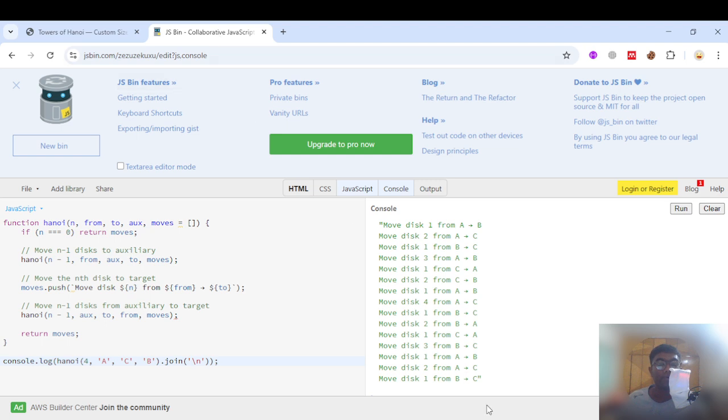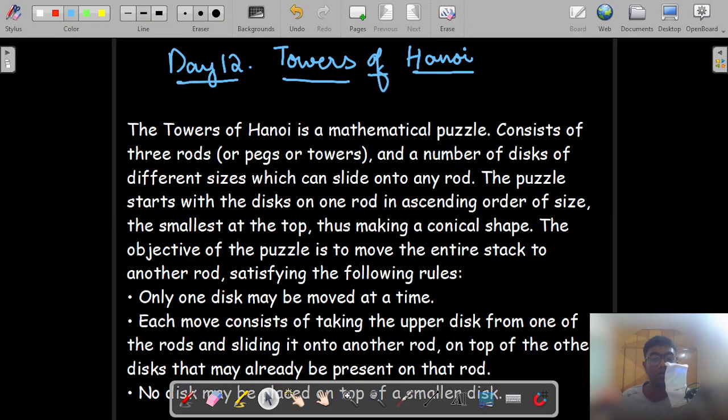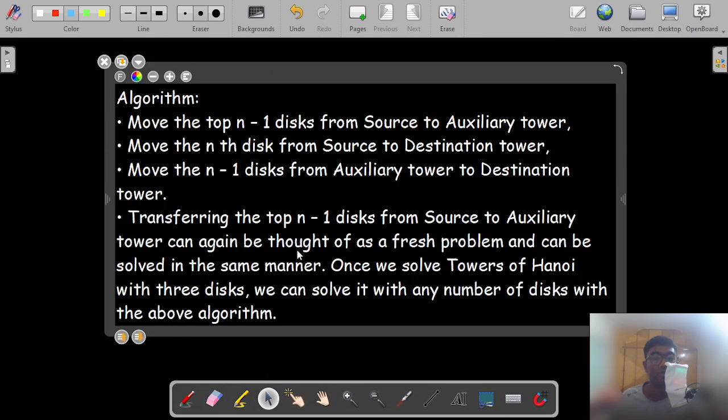Okay, so let me go back to the algorithmic steps that we need to perform to come to this solution. Whenever we had 3 disks, it was pretty easy for us to break down and understand.